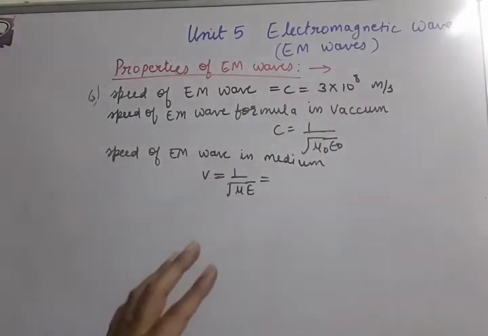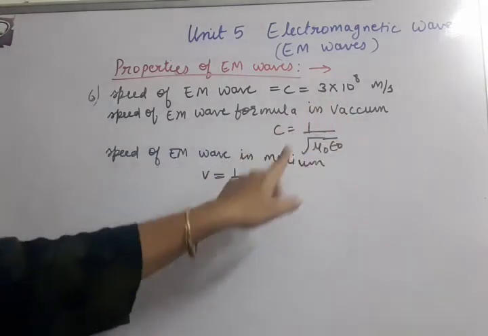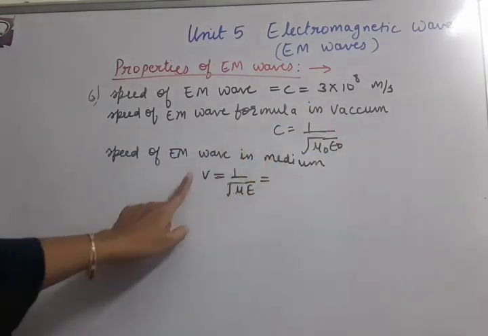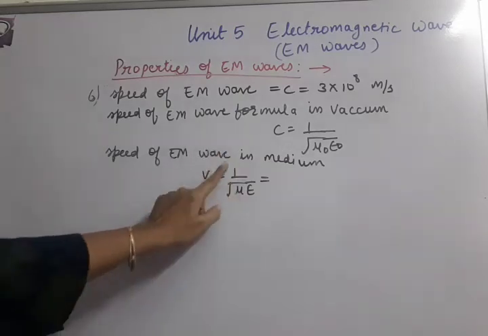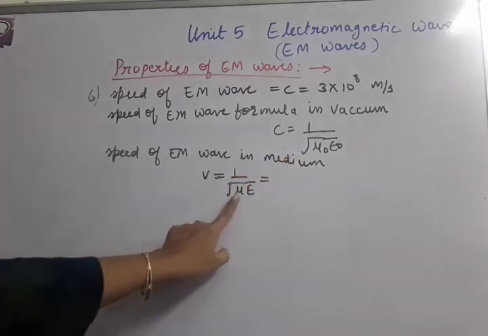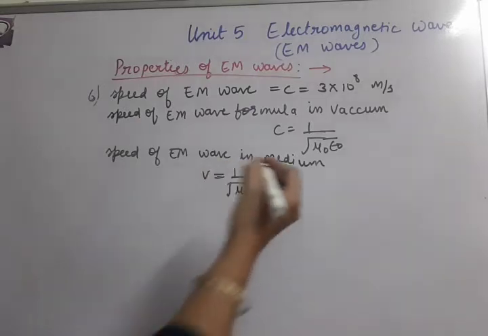So this is the velocity of EM wave in vacuum. Suppose the speed of EM wave in a medium is asked. So we don't write it as C, now we write it as V. Now what will we have to do? Because the medium is other than air or vacuum, we need to put mu and epsilon here.